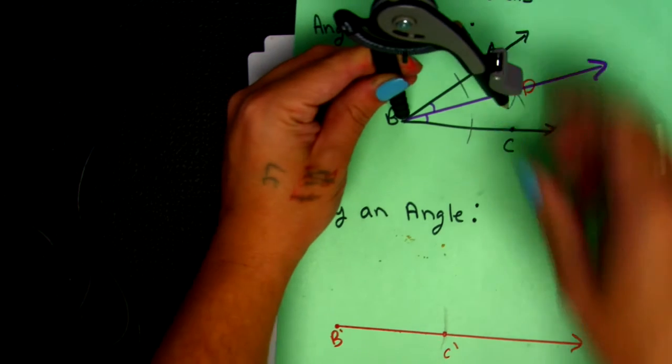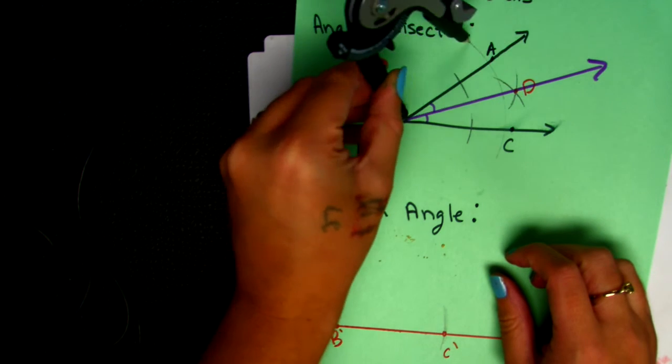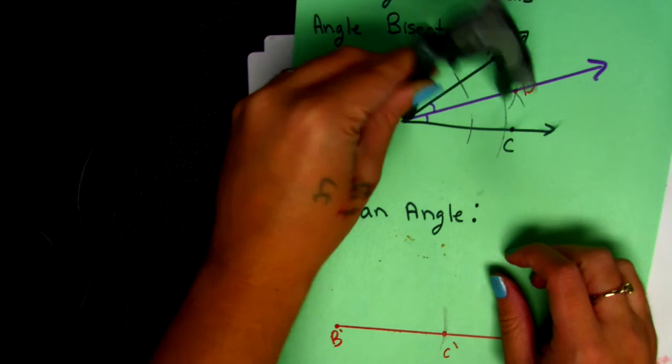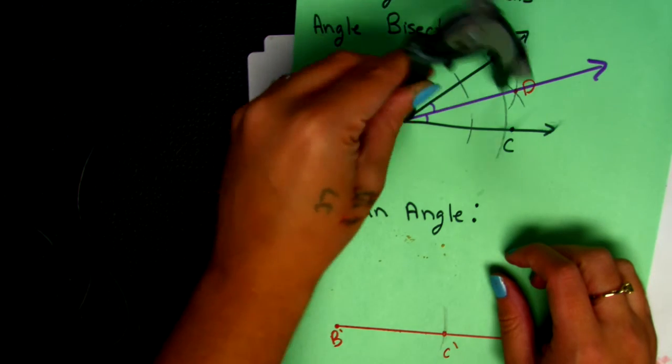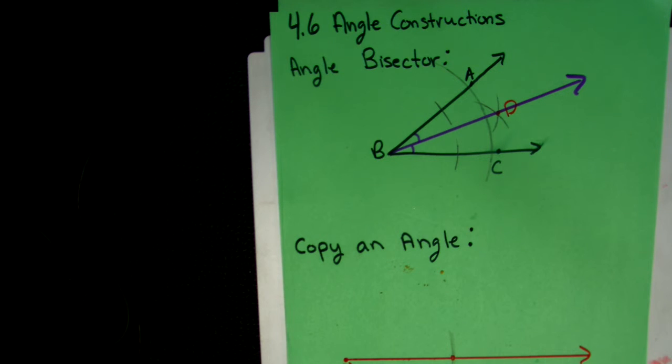So I'm going to construct an arc that goes through both sides. It's like this. All right, very nice. So now that I have done that, I've put my point at B and constructed an arc that intersects both sides of the angle.